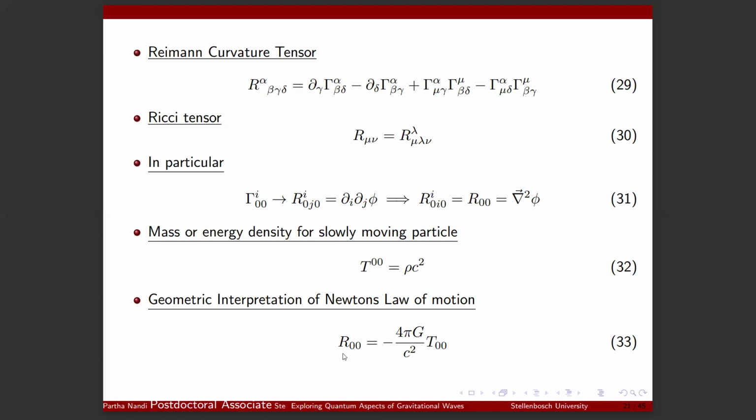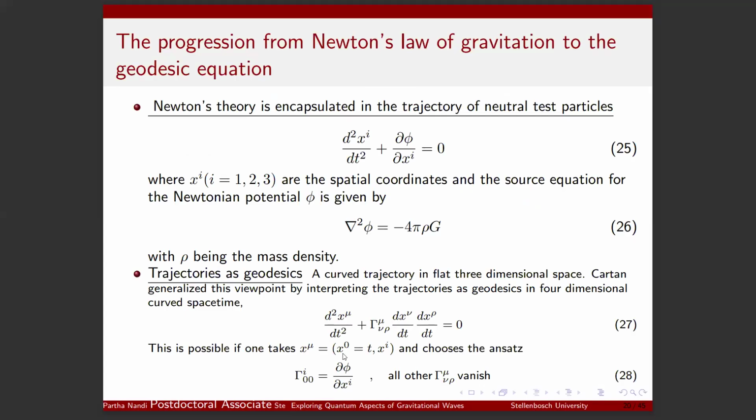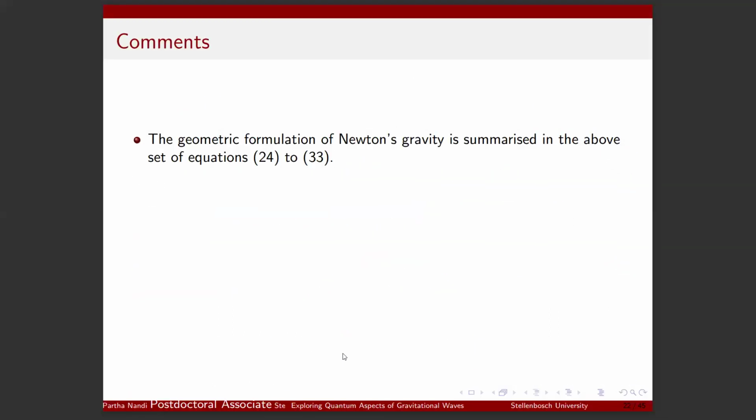So this is nothing but the geometrical interpretation of Newtonian gravity. Therefore, one can ask whether the non-relativistic space-time still has some geometrical interpretation. And regarding this question, one can make the following comments.